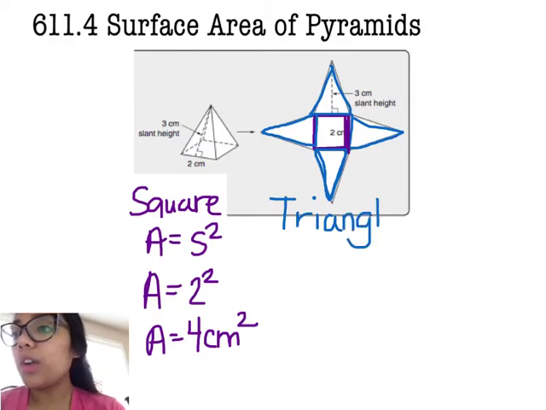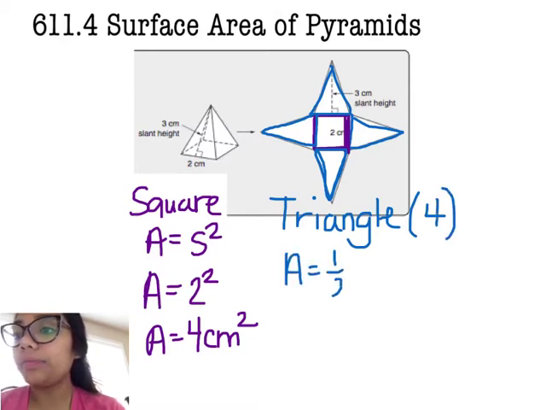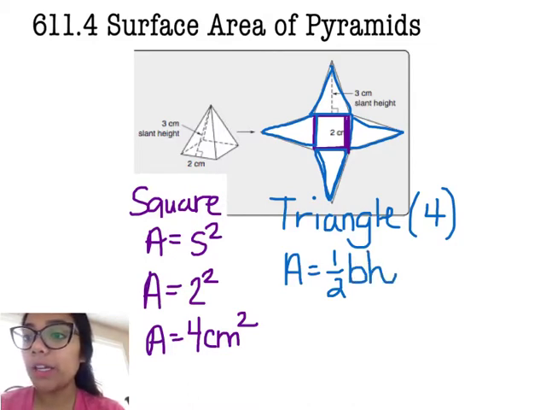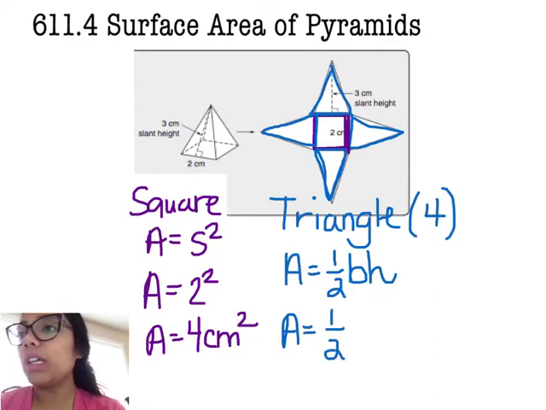For one triangle, and there's 4 of them, remember that. For one triangle, area equals 1/2 base times height, or base times height divided by 2. The base of my triangle is 2. The height of my triangle is 3.